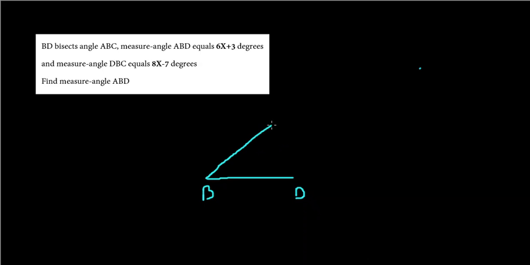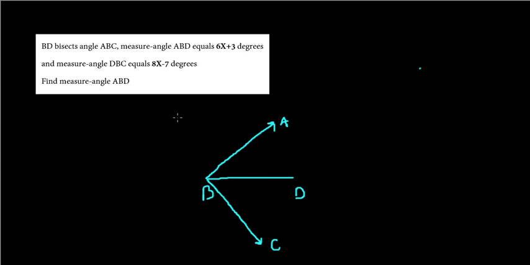So we have another line A here. And we have another one like so, which is going to be called C. And these can be rays. And this can also be a ray, doesn't matter.